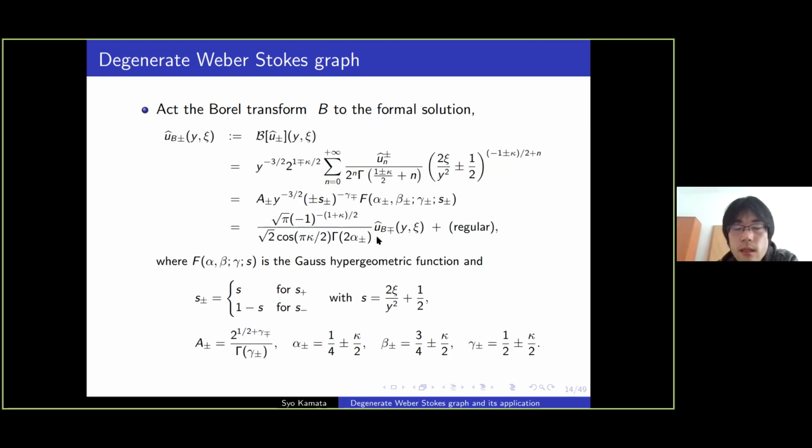By using the formula of the hypergeometric function, this can be written as u minus plus a regular part. But now we are interested in the singularity of the Borel plane, so we don't need to consider this regular part.